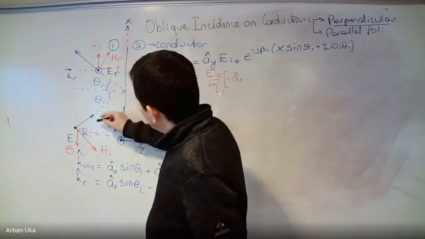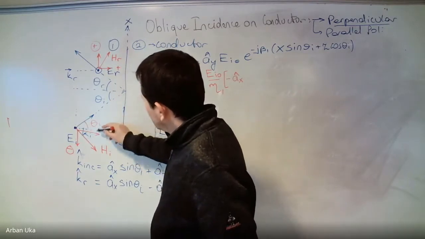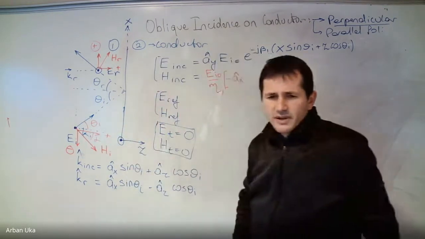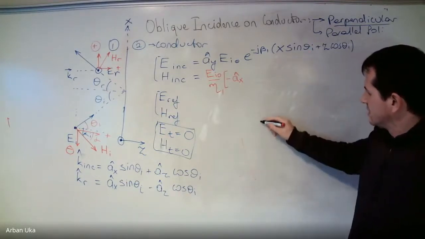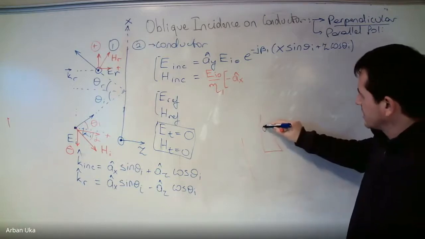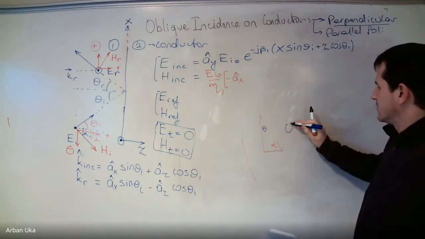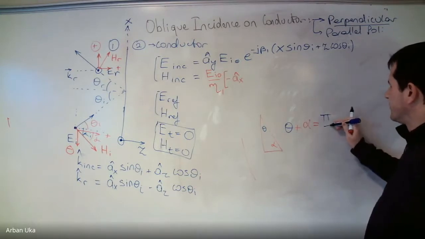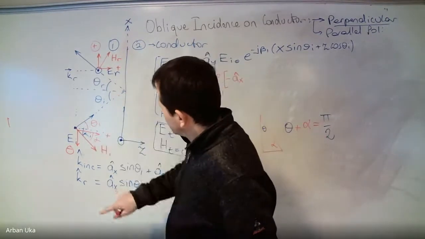This is angle theta I, and let me write this as theta, and this as alpha, just to keep in mind that theta plus alpha is equal to pi over 2. So here this is theta, this is alpha.